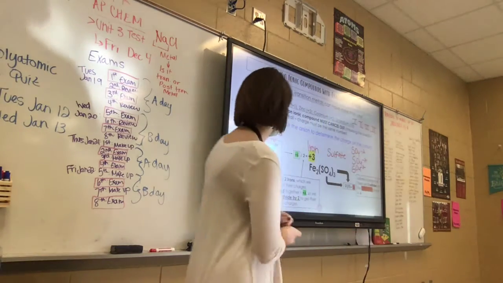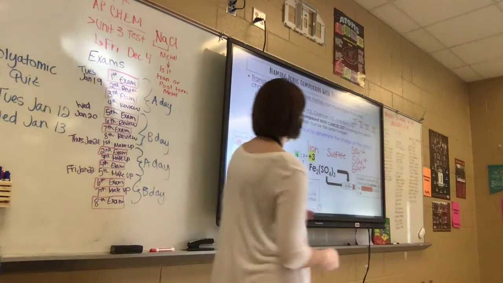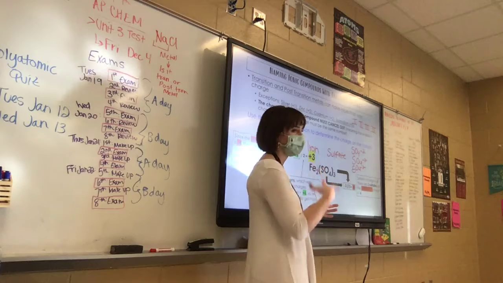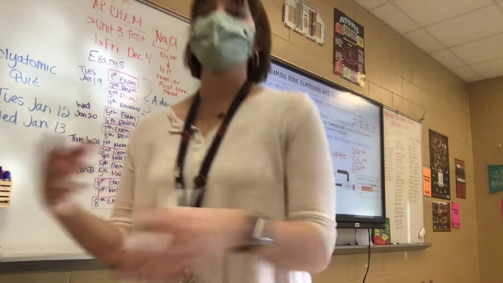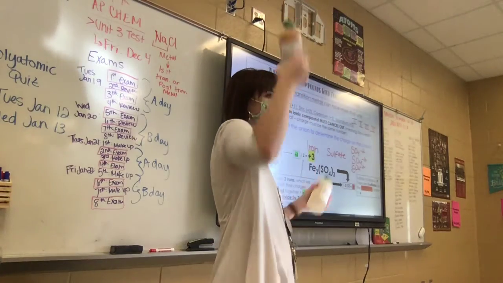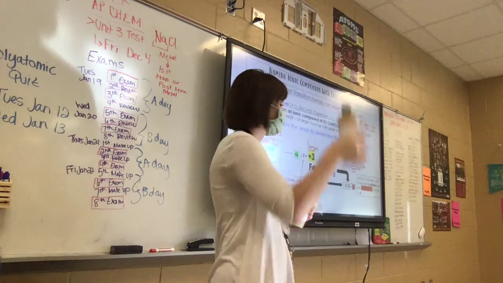Positive 3, positive 3. It gives me positive 6. So our answer here is positive 3. Now, this answer tells me what Roman numeral I need to use. It tells me here that I'm looking at iron 3 and not iron 2, okay? So I'm looking at iron 3 sulfate.